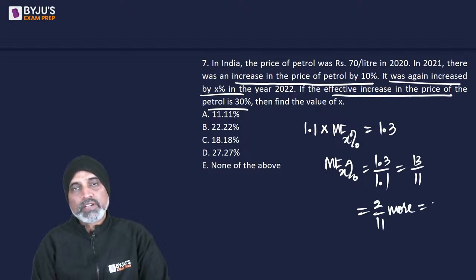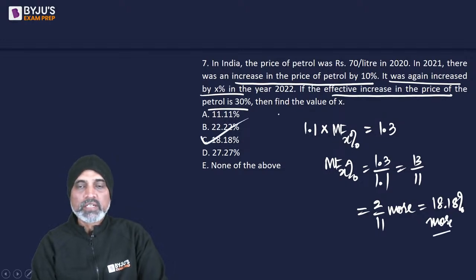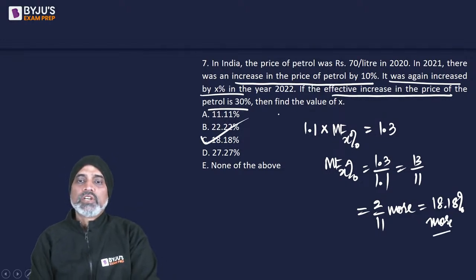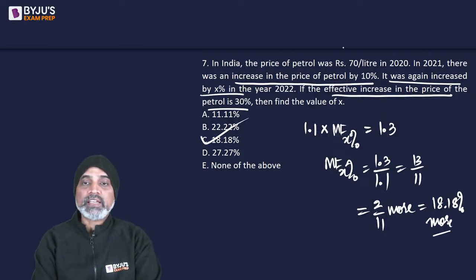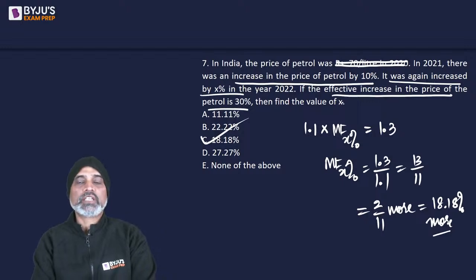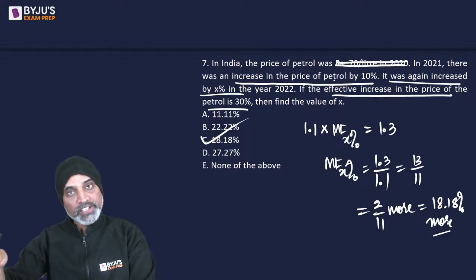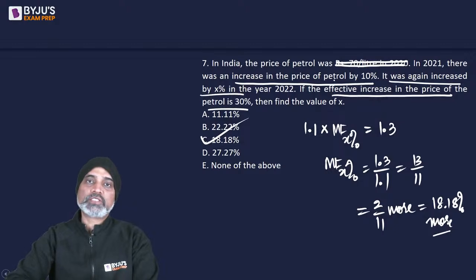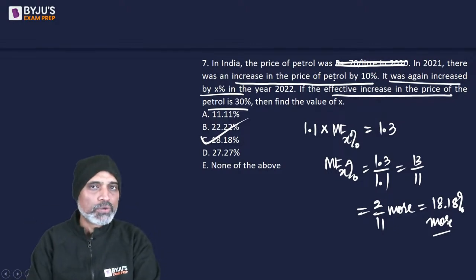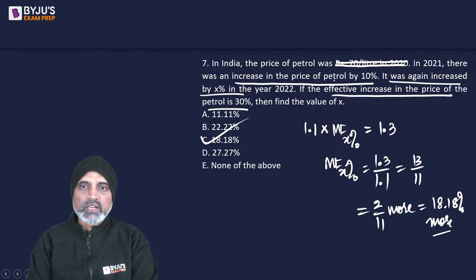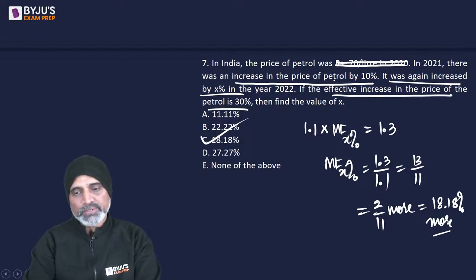And 2 by 11 is 9.09 into 2, so 18.18% more, or increase. Same thing. So using multiplying factor, things become pretty easy, and this rupees 70 per litre was not our concern, because if the things given are in percentage and the question part is also percentage, you don't have to include the base value. You can directly use the multiplying factor.